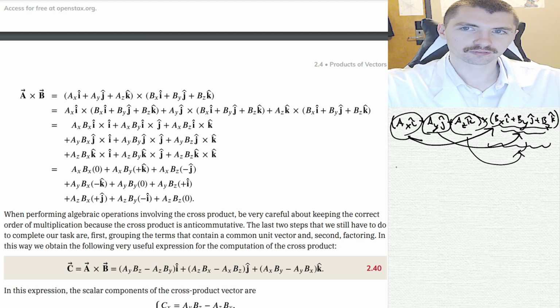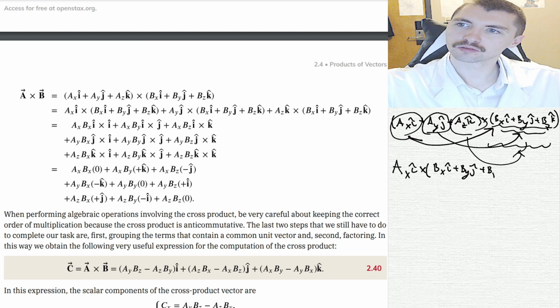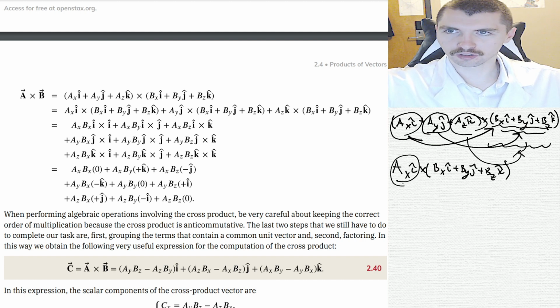So the first line would be I cross I, and then you're going to continue this process by doing it for each element.